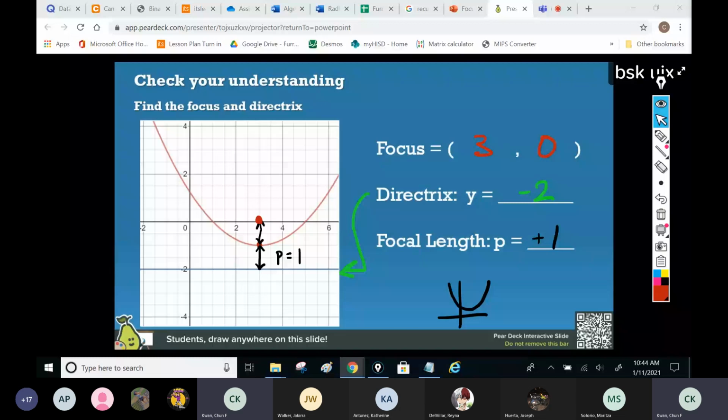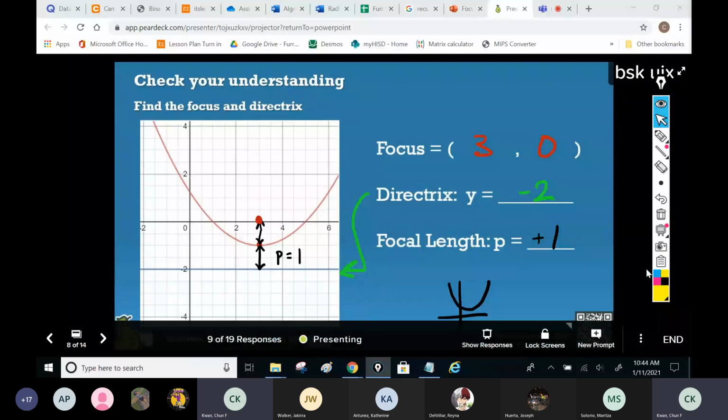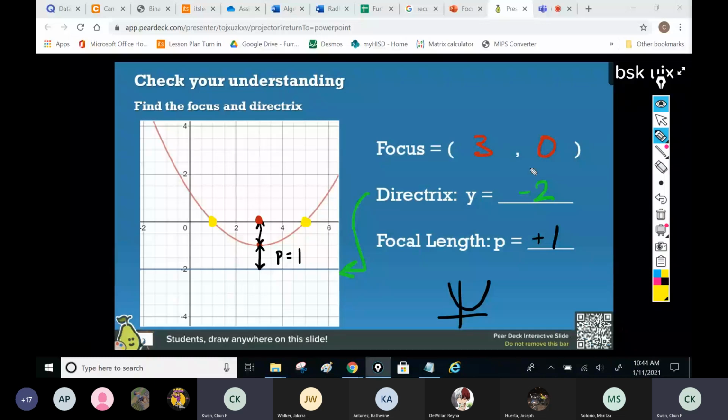I'm not asking for the x-intercept. I know the x-intercept happens right here and right here, but I'm not asking for it this time. We are just looking at the focus, the directrix, and also the focal length.